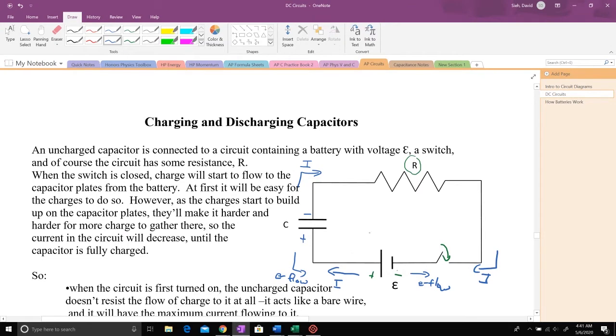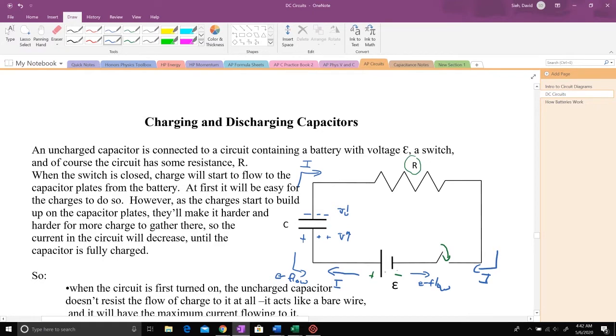But as time goes on and more charges go in, that affects the delta V across the capacitor. As I put more and more negative charge on this plate, the V value here goes down; my electric potential drops. And as I pull more and more electrons off this plate, its V value goes up.